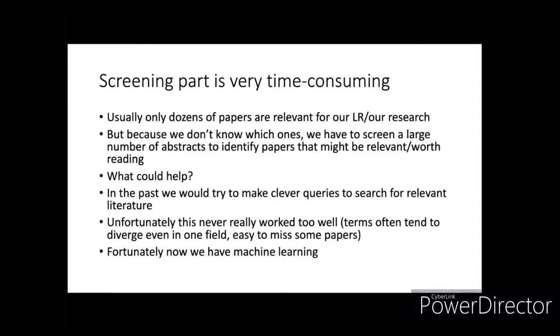So as I'm already hinting, what is this workshop mainly about? About PRISMA, it's not that difficult. The screening part is very time consuming. Usually only dozens of papers are relevant for your literature review or your research.